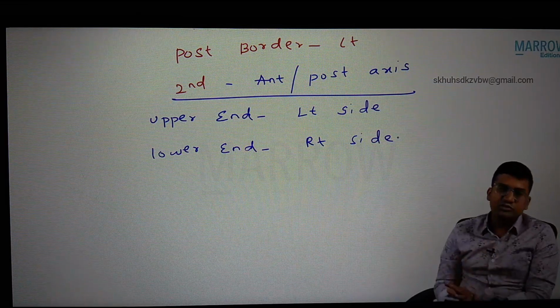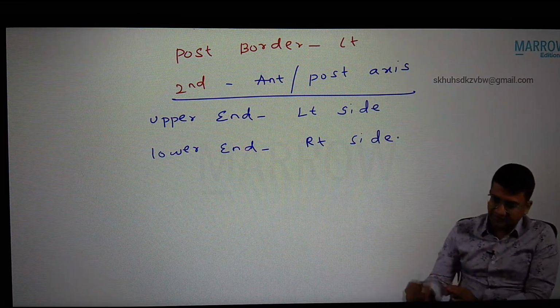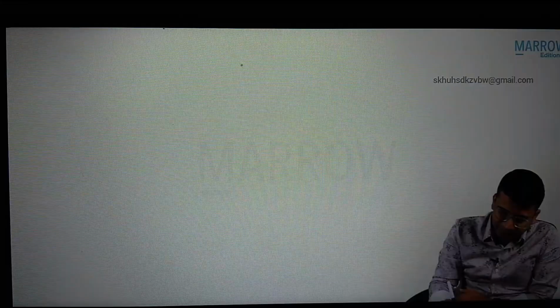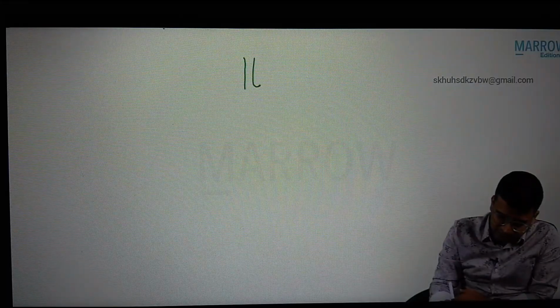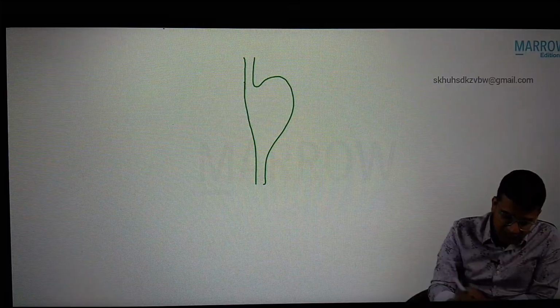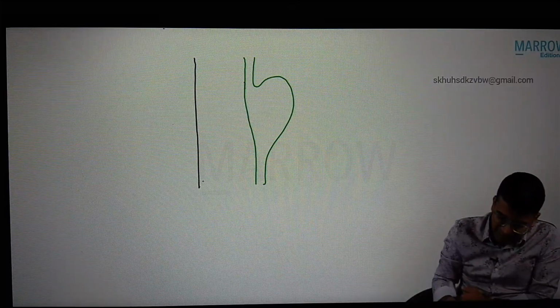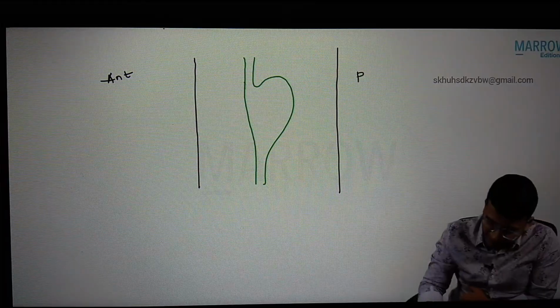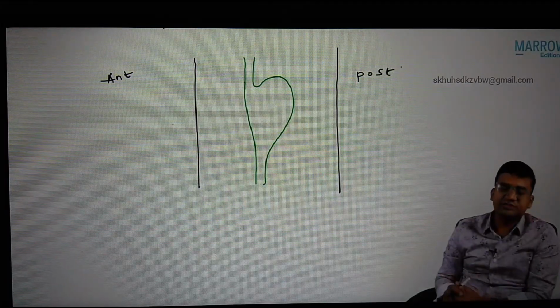Now after this, we're going to discuss about the mesentery in the stomach. Stomach is a peritoneal fold having the mesentery in the front side and back side. Now this is stomach tube. This is front side, anterior, and this is back side, posterior.